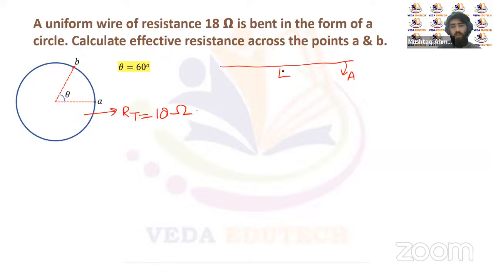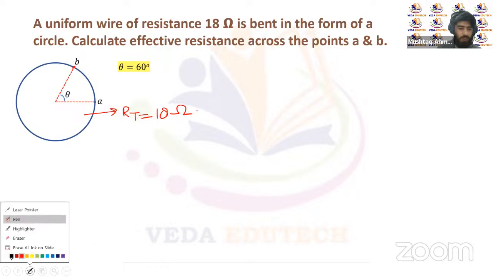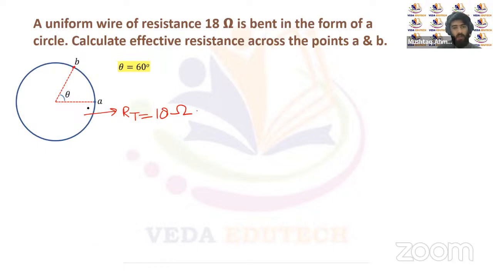So we have to calculate the total effective resistance between these 2 points A and B. You can see that the total resistance of this wire is 18 ohms, and this angle has been given as 60 degrees.